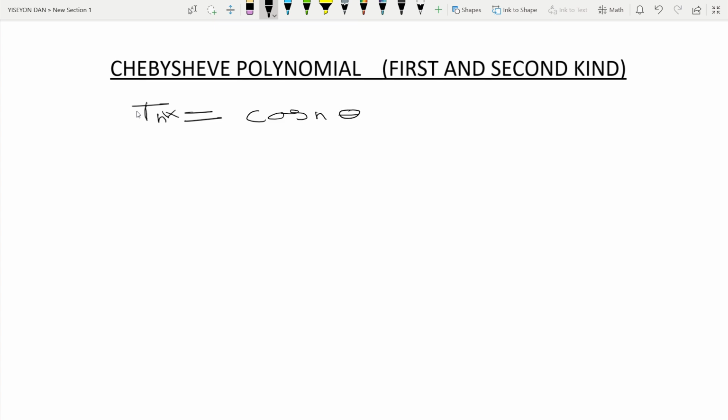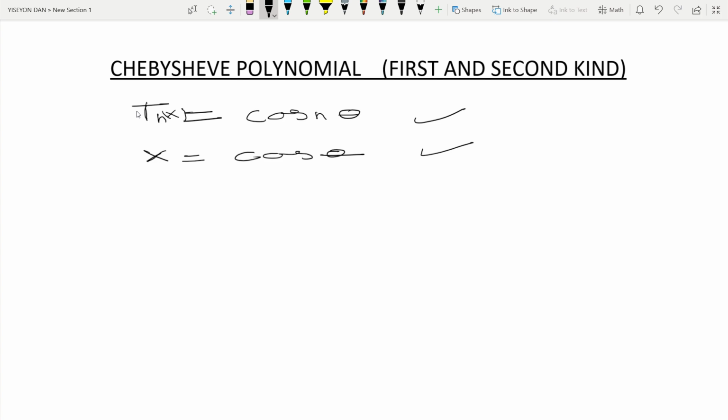That is the first formula we use in Chebyshev polynomials.